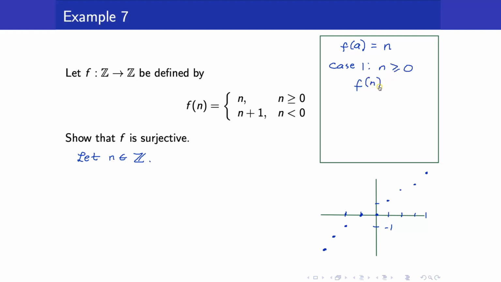That is also n, correct? Because f of n is equal to n. Case 2, when n is negative, so just like here. So we have our f of n is now equal to n plus 1.